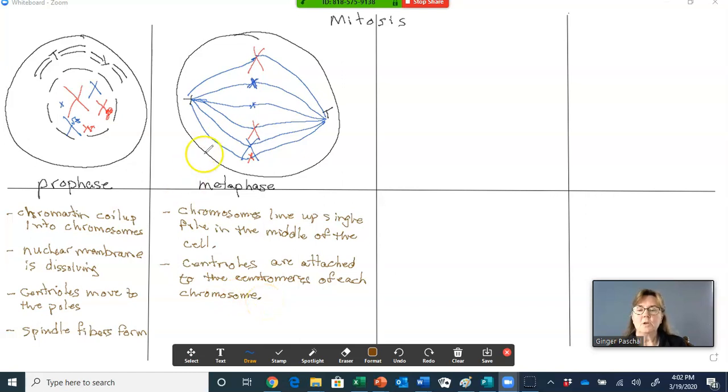Okay, so chromosomes line up single file down the middle of the cell, and the centrioles are attached to the centromeres of each chromosome by the spindle fibers. These are the two characteristics of metaphase that you need to know.